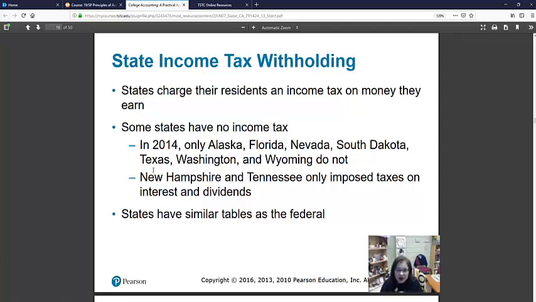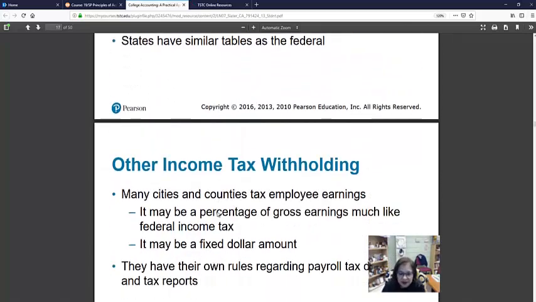Still in Texas, we do not have one. New Hampshire and Tennessee have income taxes only on interest and dividends. The states have similar tables as the federal ones. But so far, Texas, no state income taxes.